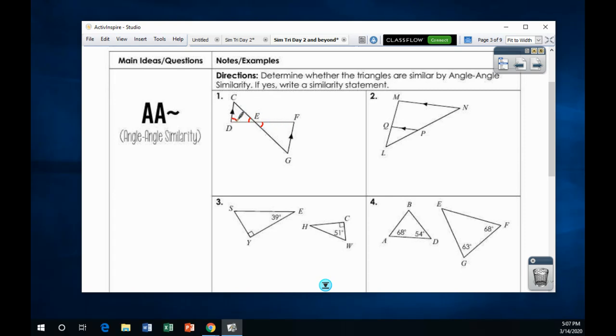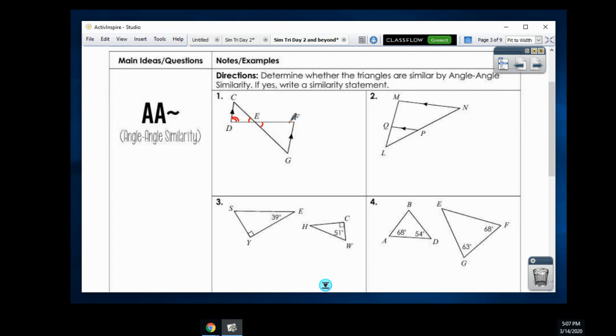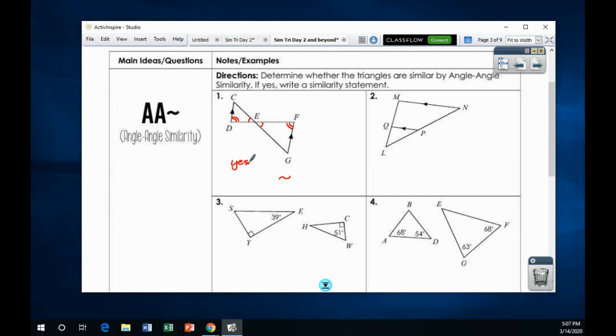Let's use this one, angle D, 2 tick marks, angle F, alternate. They're on either side of the transversal, and they're both in between my two parallel sides. So that's all it takes. I don't even have to mark angle C and G as being congruent. So this would be a yes, okay?